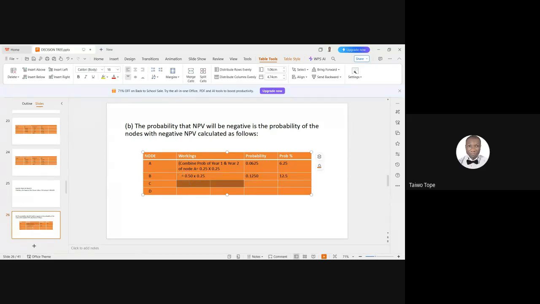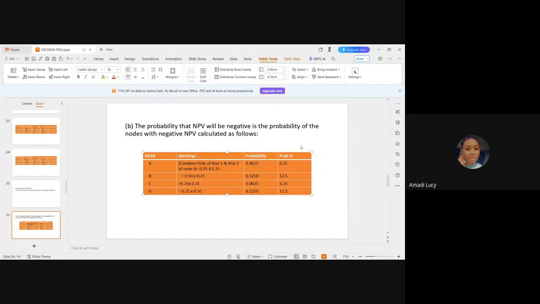For C, 0.25 multiplied by 0.25 gives 6.25%. And for D, 0.50 and 0.25 gives 12.5%.